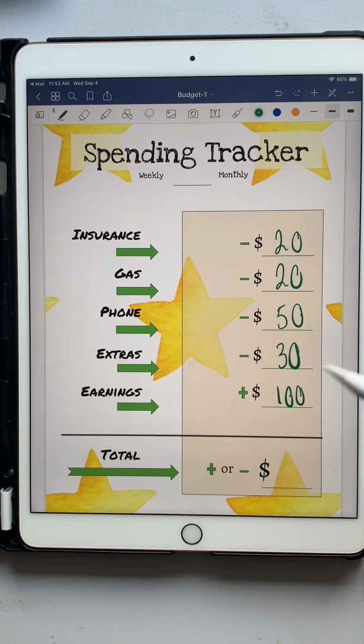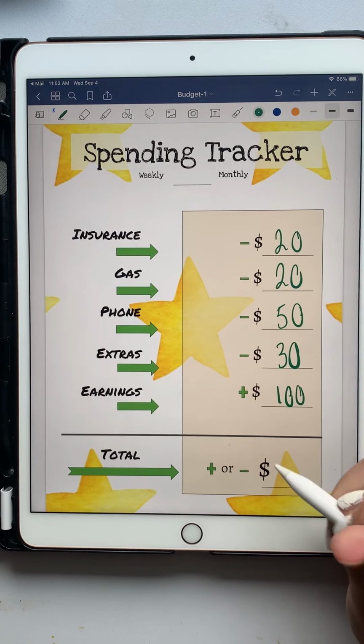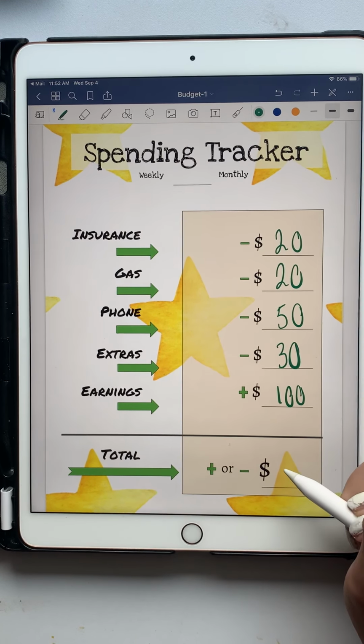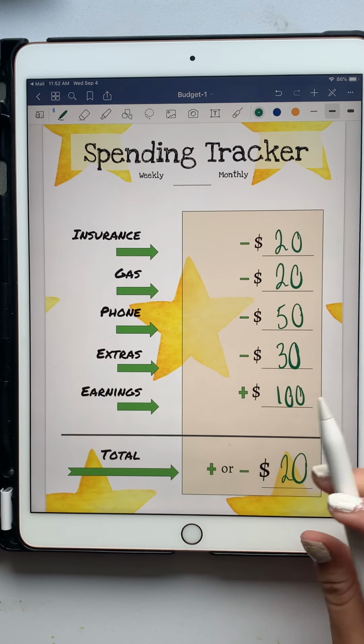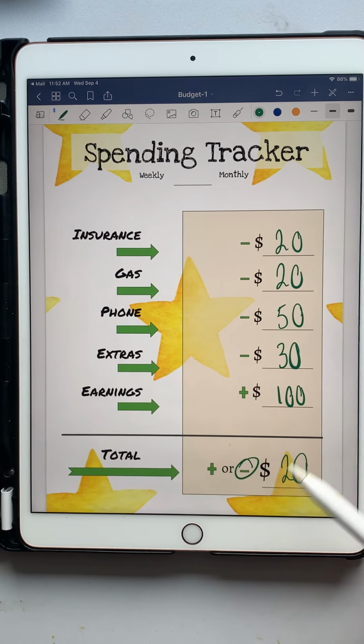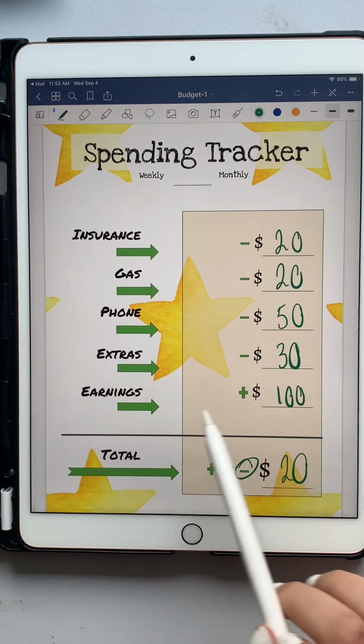Whatever that comes out to, you'd write it here. Again, I don't have a calculator, so we're just going to say that I was minus $20. So I spent negative $20. Then I would circle 20, and I know that this week I lost $20 as far as my savings, like I spent an extra $20 than what I made.